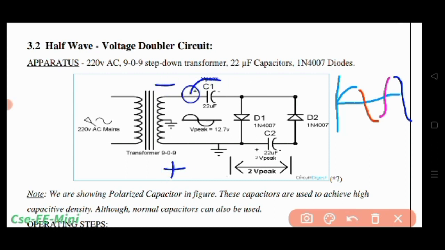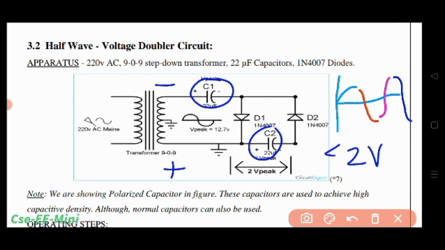And now capacitor C1 will charge the capacitor C2 again, because capacitor C2 is already at V peak, it is not discharged in any of the half waves, positive or negative. It was charged in the first negative half wave, but now in the second negative half wave it is charged again, but this time it will not charge to V peak, since it is already at V peak, so it will charge to some more extent which is less than 2 V peak.